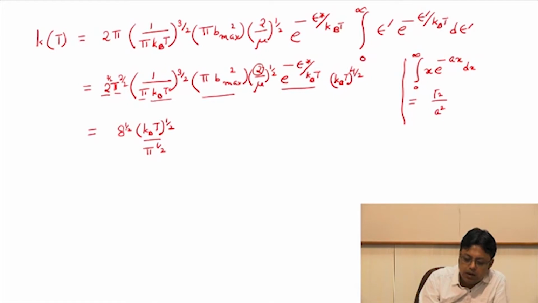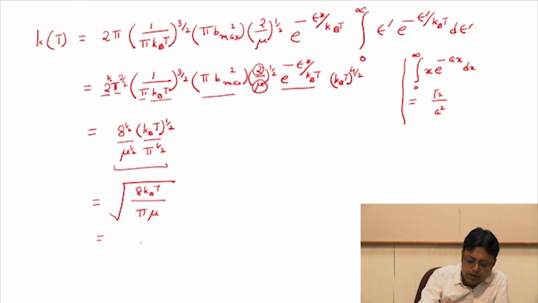And then I also have a mu here. So I have basically mu to the power half. So this thing is nothing but 8 kBt by pi mu, to the power half, which is nothing but V relative average. So what do we get?